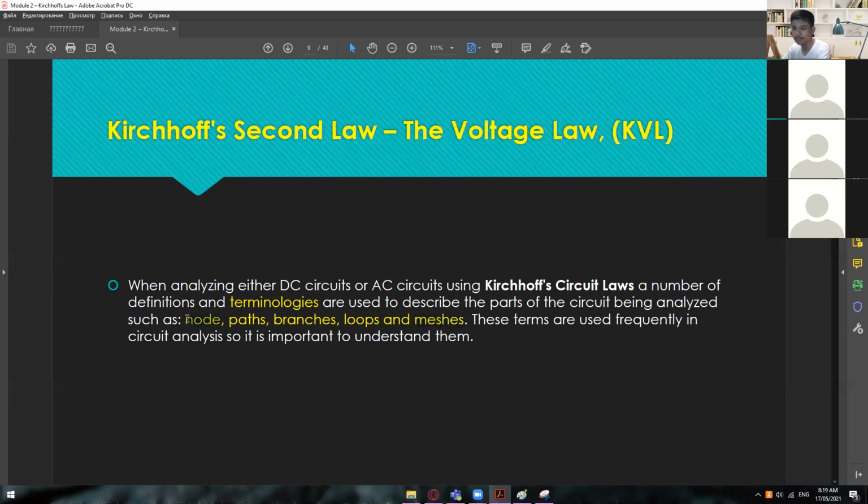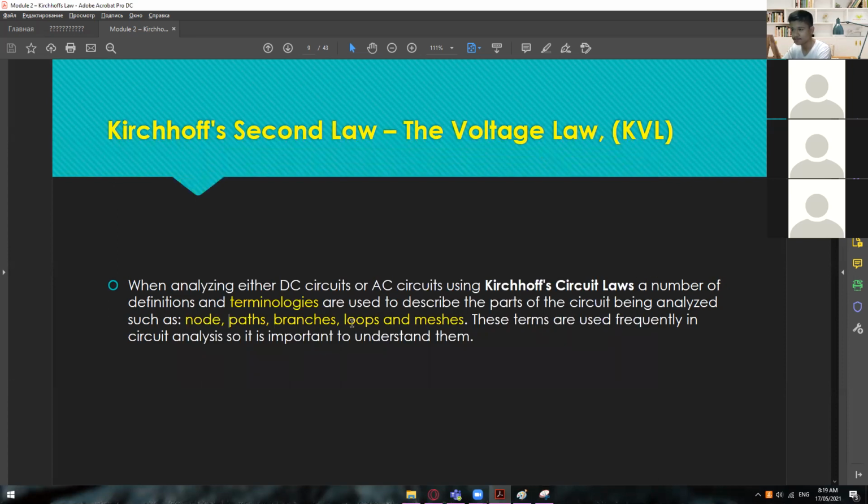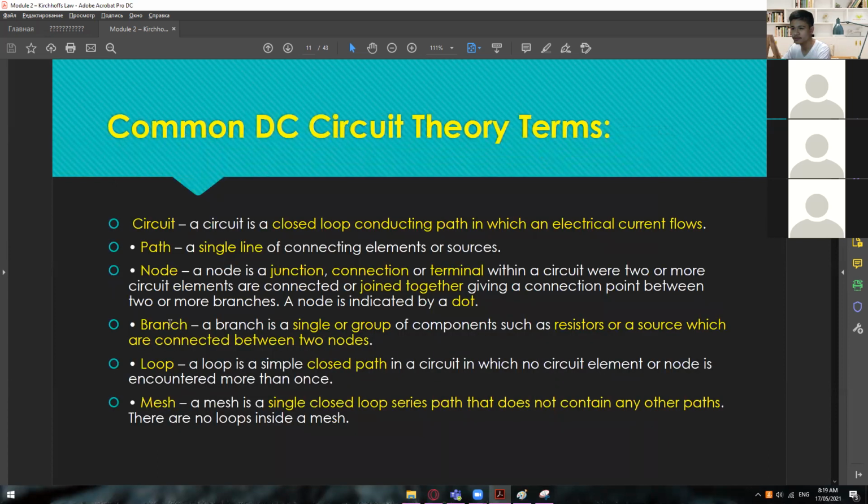We have already discussed what a node is, and a path is just this, another path, another path. Basically, the one that is between the nodes, that is the path. And then for the branches, we'll go over the branches later, and then the loop and mesh.